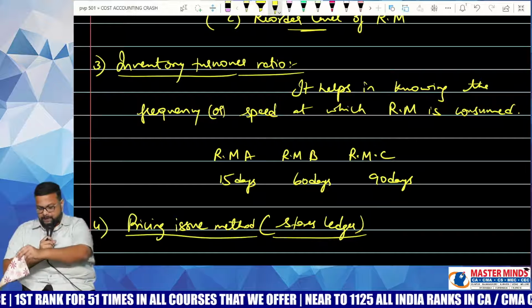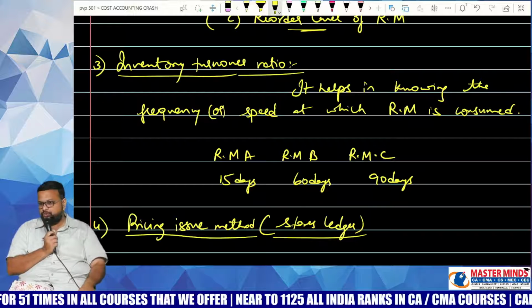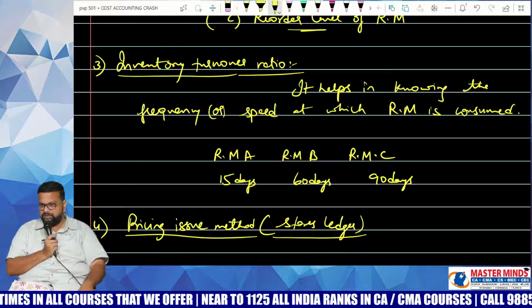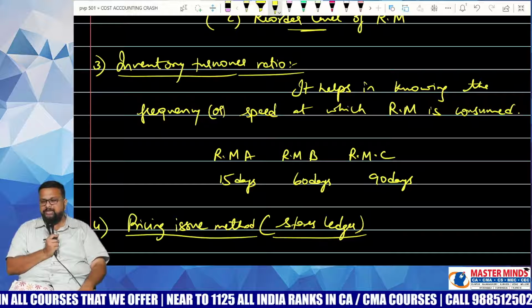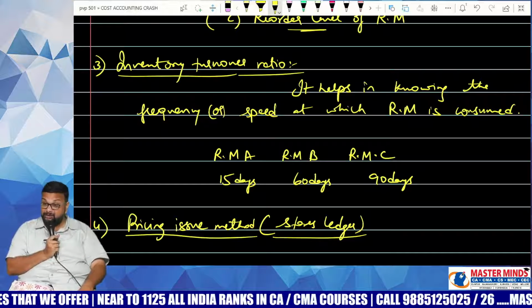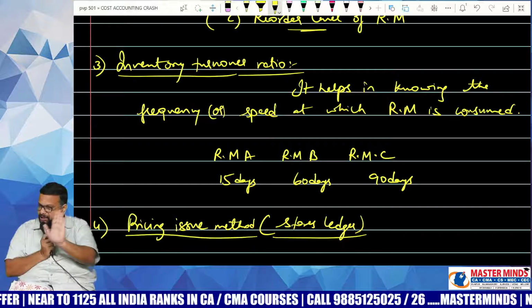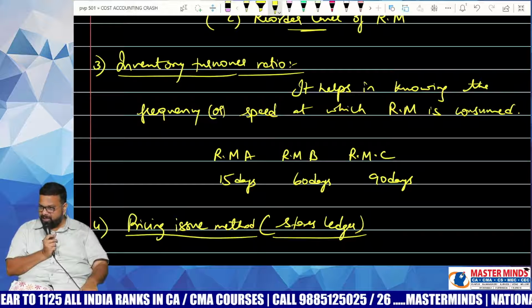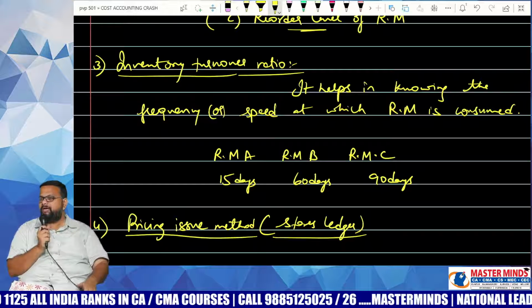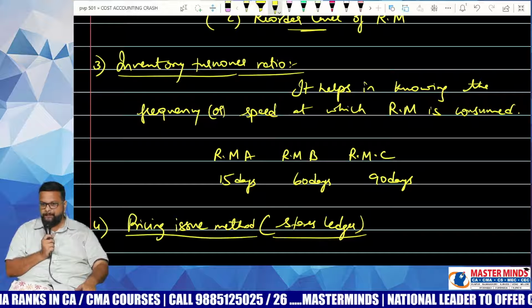Now, the stores department generally maintains received quantity and issued quantity. That's it. But basing on that information, the costing department has to define the values also. The stores department will only maintain quantity data, but not the value. Who has to maintain the value? The cost accounting department.